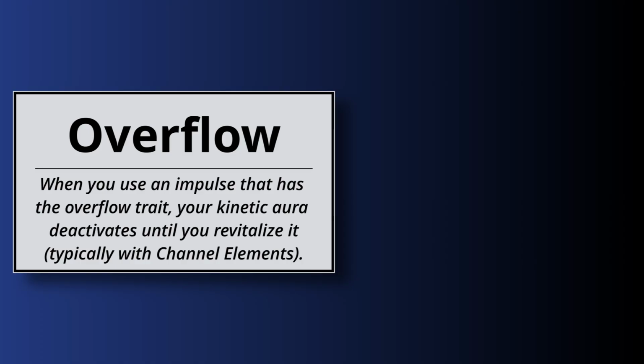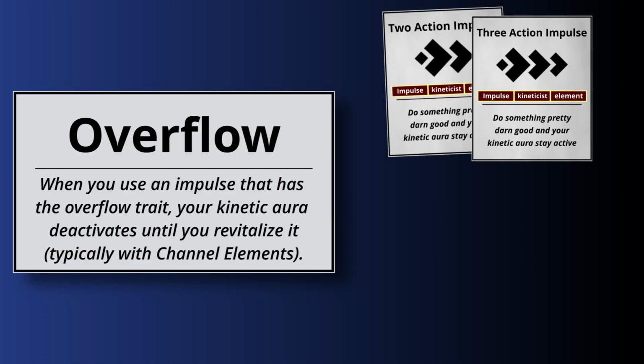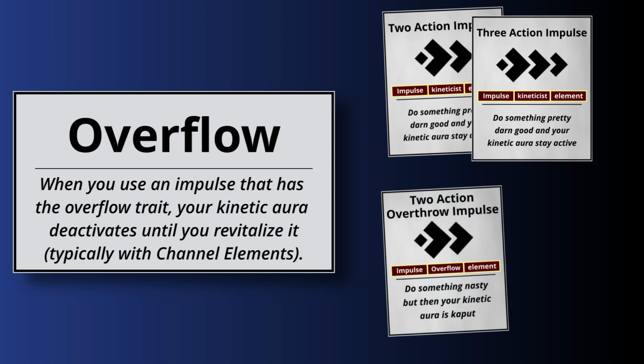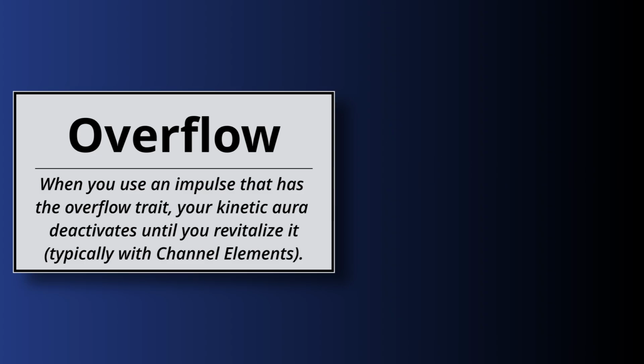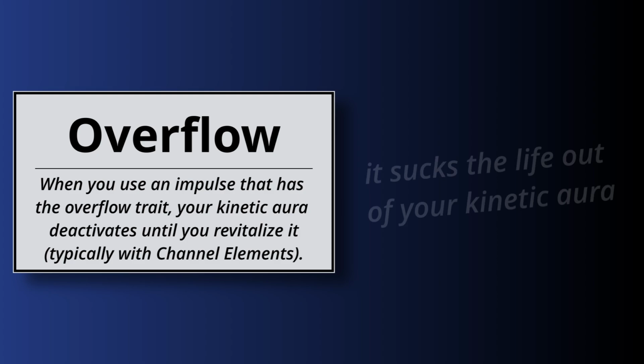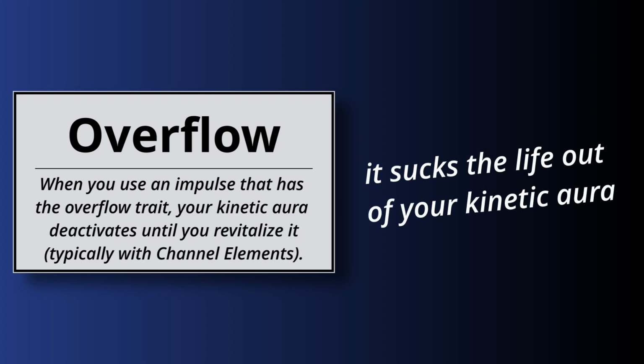Overflow impulses. Your 2 and 3 action impulses also can be 2 action overflow impulses and 3 action overflow impulses. An overflow impulse means it sucks the life out of your kinetic aura, like a Hoover on a dirty floor, or me when it's lasagna for dinner. It sucks the life right out of it.